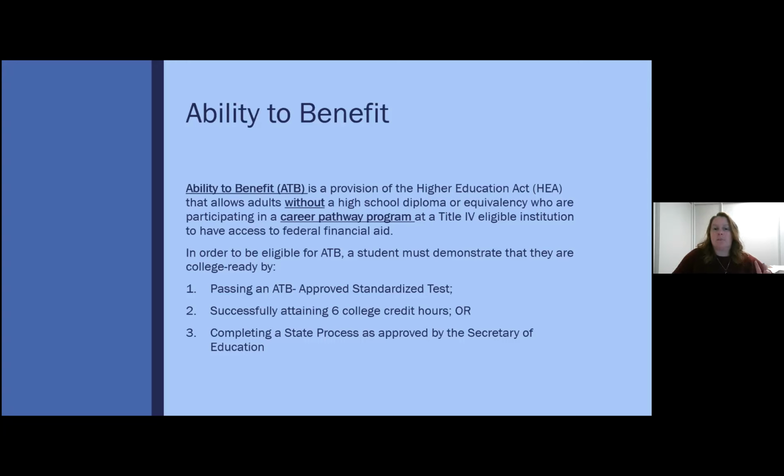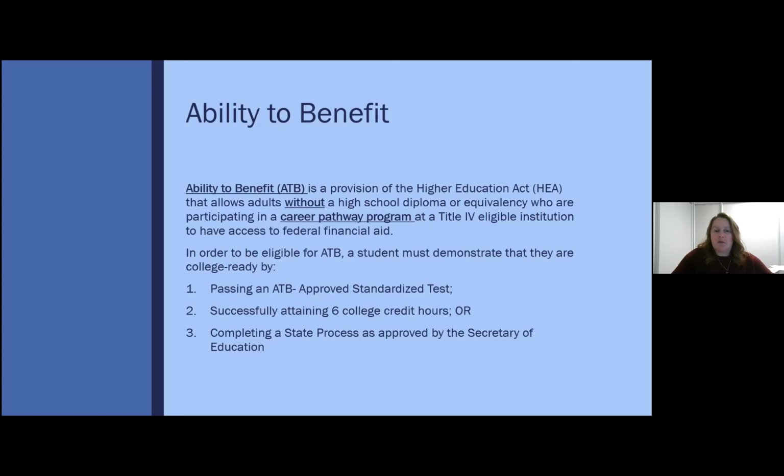Typically, when a student fills out their FAFSA form, they have to check either they have a high school diploma or HSE, or they do not. If they do not, they are not typically eligible for federal money. This ability to benefit is an alternative way to make that happen.